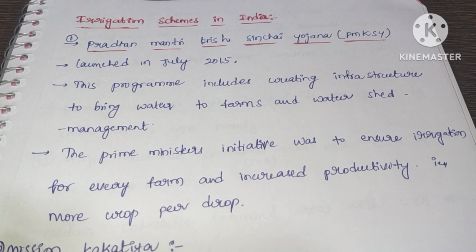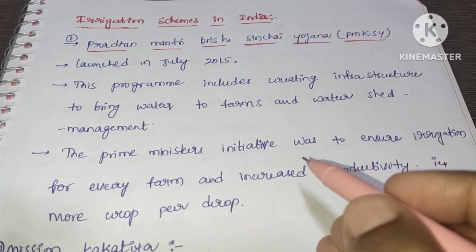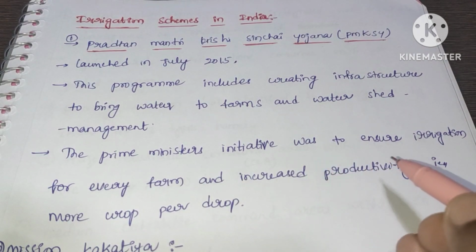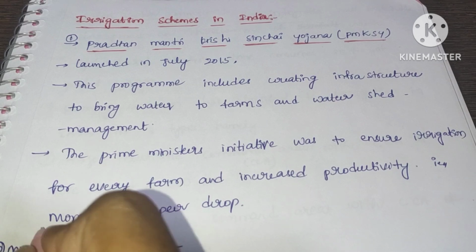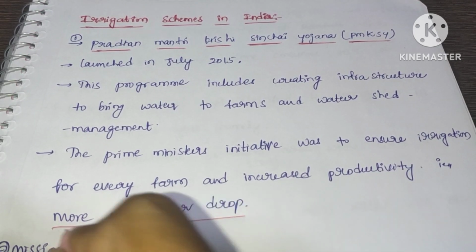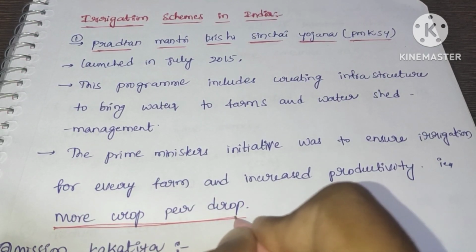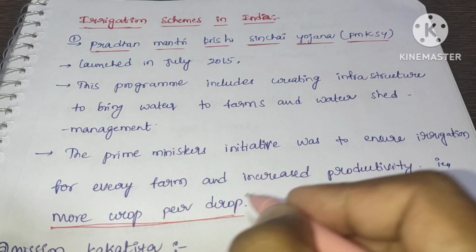The Prime Minister's initiative was to ensure irrigation for every farm and increase productivity. If we ensure irrigation to every farm, we can definitely get more productivity, isn't it? So that is the main initiative of this particular scheme. That means more crop per drop.